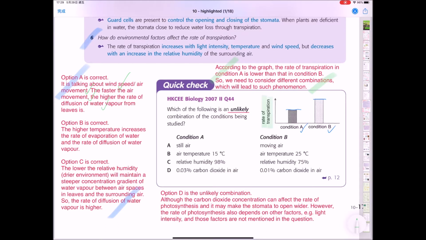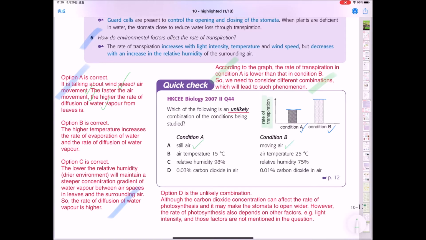That means the diffusion rate from the airspace in the leaf to the surrounding could be faster if the air movement, air current, or wind speed is high. So that's the correct combination.